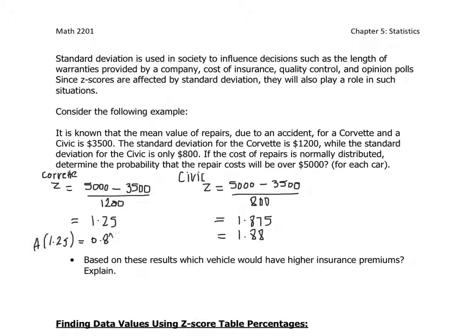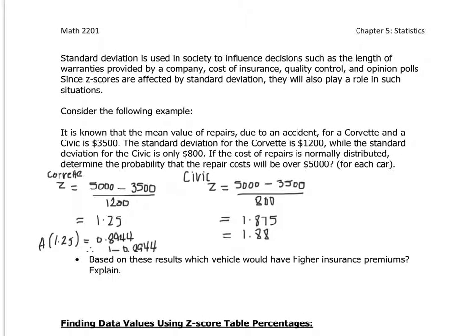Now that would represent the data to the left of a z-score of 1.25 or less than $5,000. So therefore, 1 minus that, which is 0.1056.